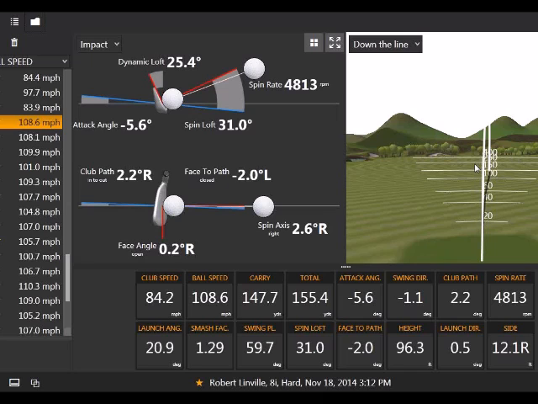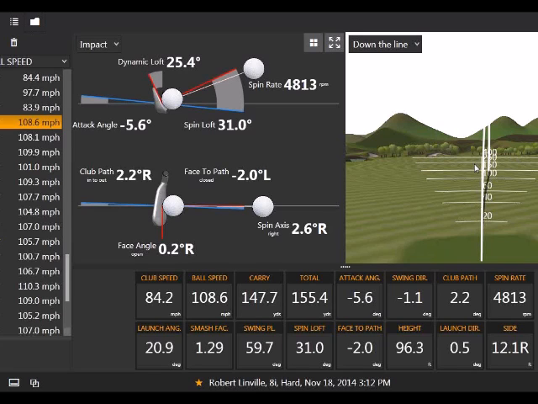As we get a shot pattern, one of the objectives of our teaching and instruction using TrackMan is not necessarily to say these are numbers that you should achieve. They are more like numbers that we like when you're swinging well.